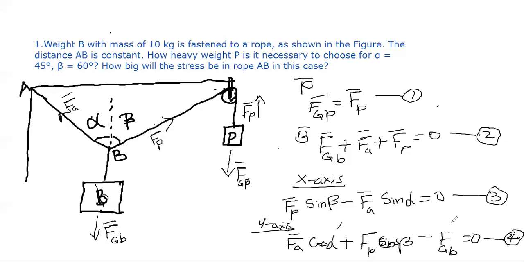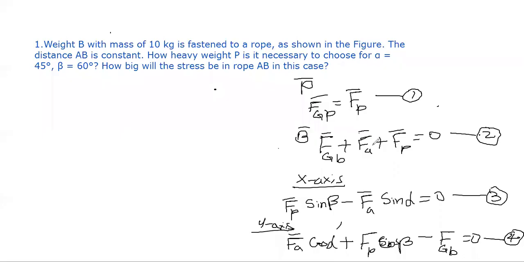Okay, now we have written 4 equations. Let us clear this part. From equation 3 we can calculate Fa, right? If we simplify equation number 3, what we will get is Fp sin beta is equal to Fa sin alpha.